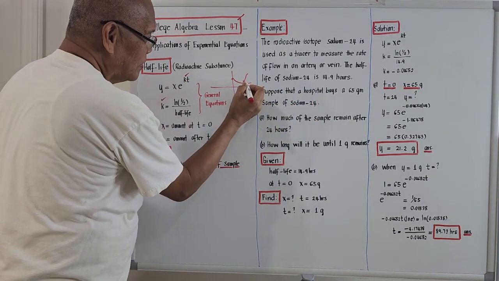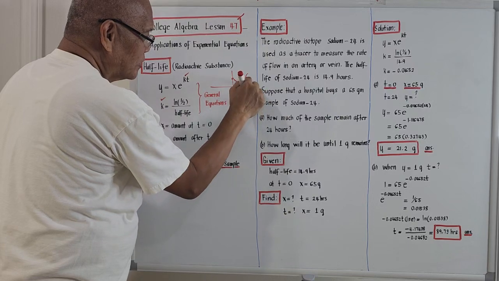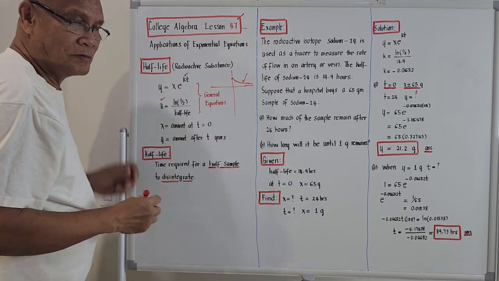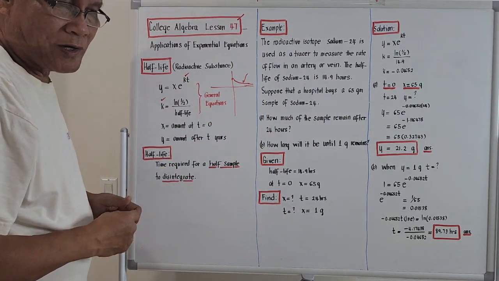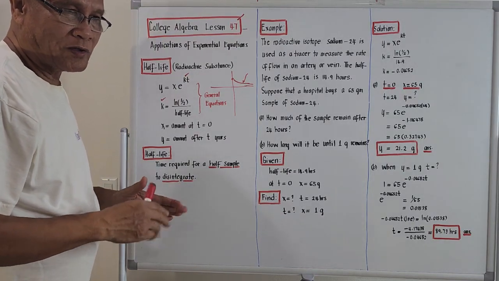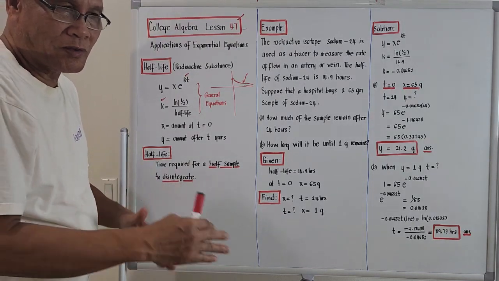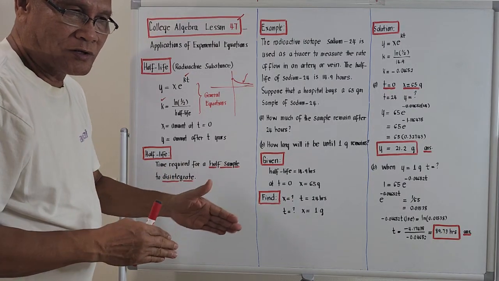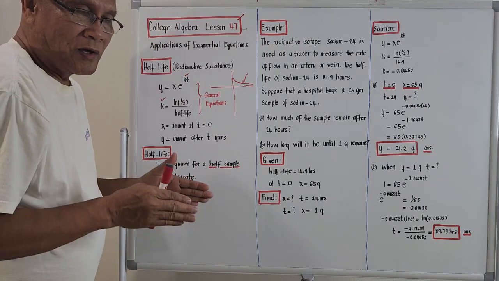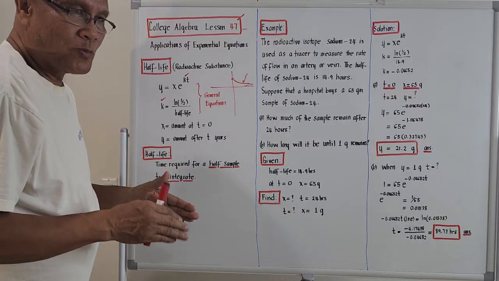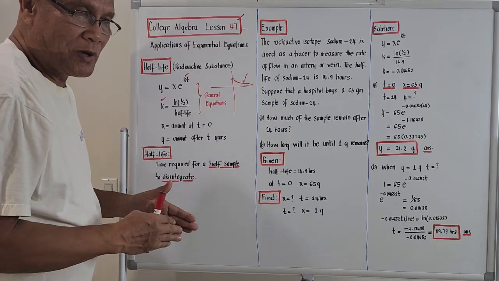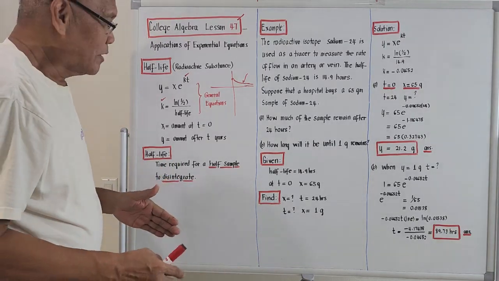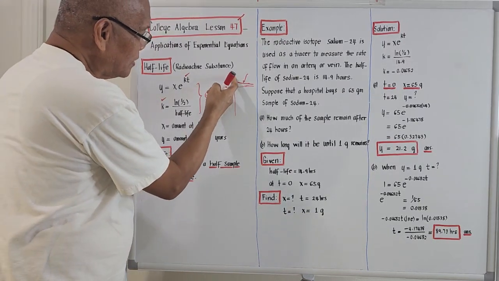The decay is actually very slow. That's why if we get radioactive contamination, it's very dangerous, because for the radioactive substance to disintegrate, it will take a very long time.